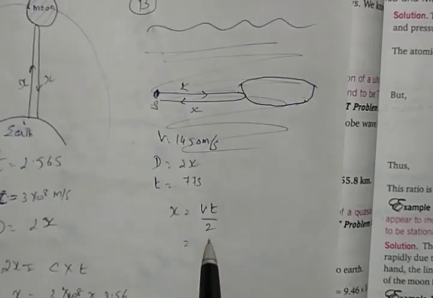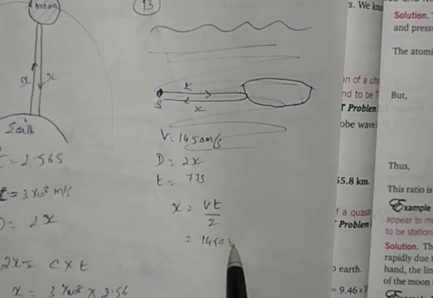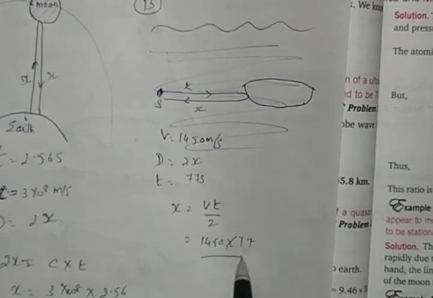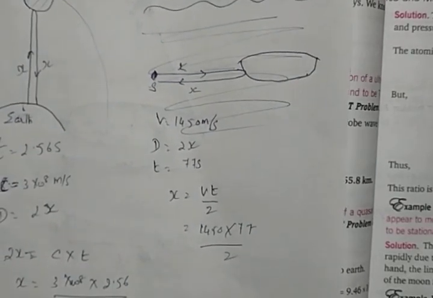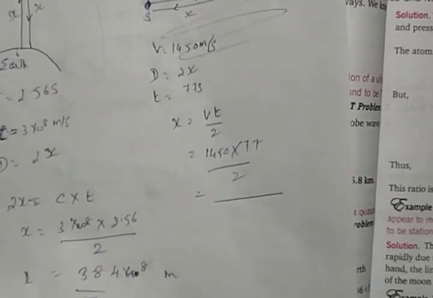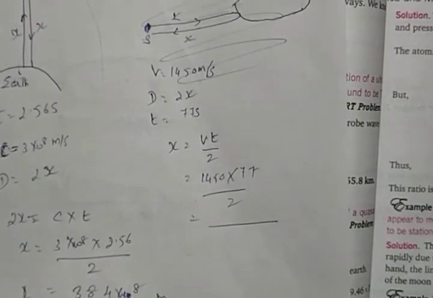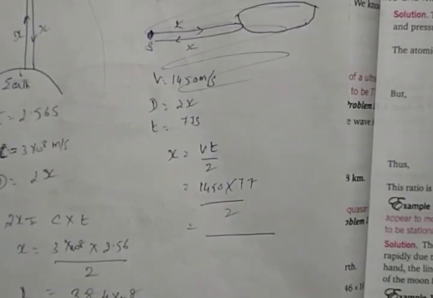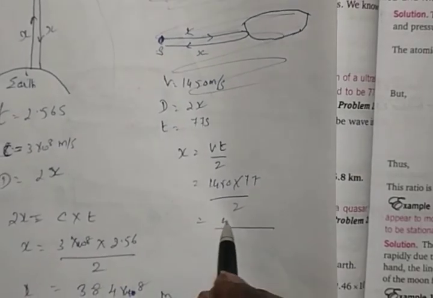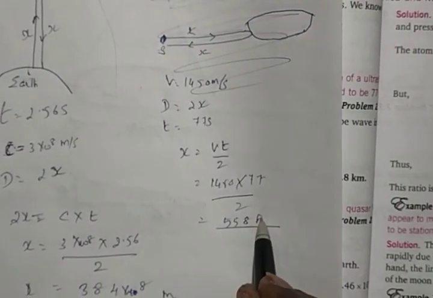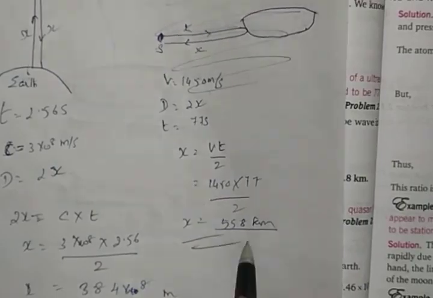So it becomes 1450 into 77 divided by 2. The distance you will get here is 55.8 kilometers. That's the distance.